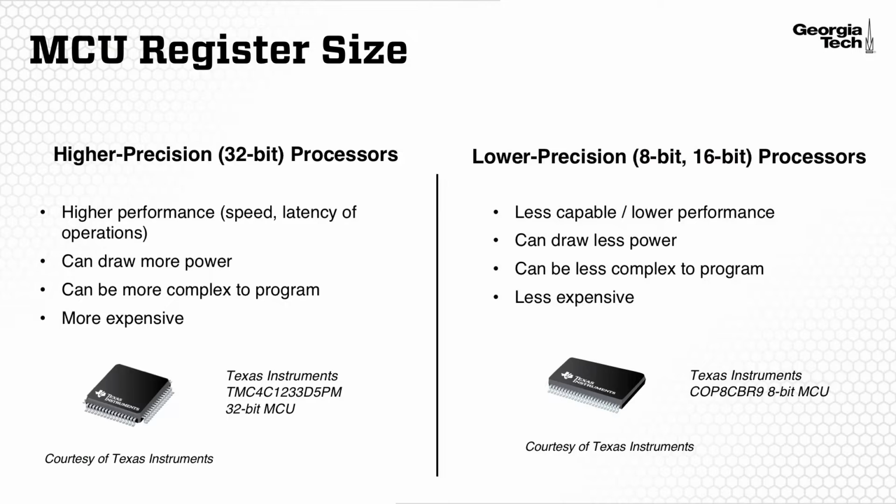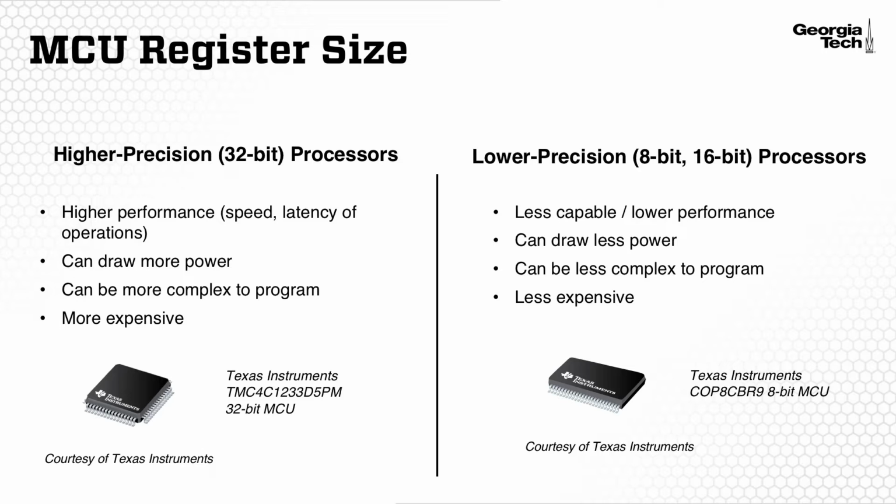So let's look at some examples. Here we'll compare a high-performance, high-precision processor with a lower precision or smaller word size processor. For example, a 32-bit processor has higher precision and a bigger word size. So it'll have a higher speed, meaning that the time it takes to do a particular operation will be lower.